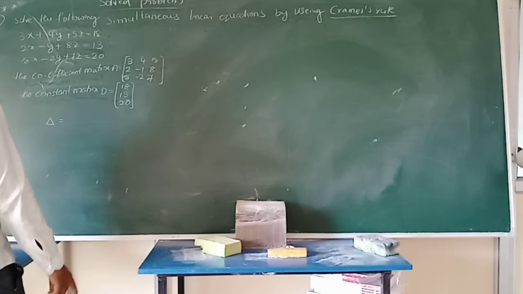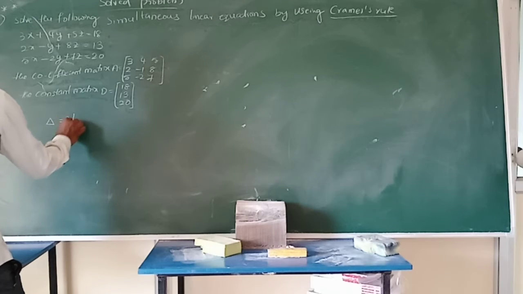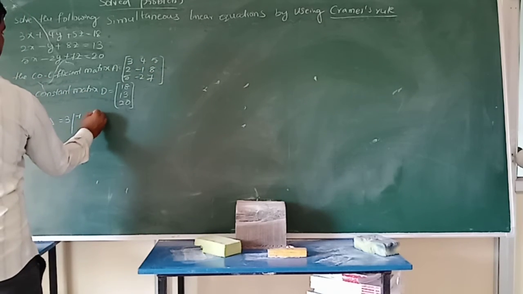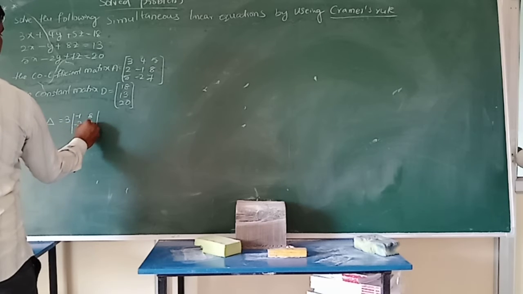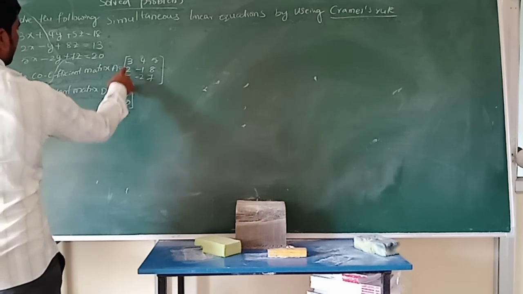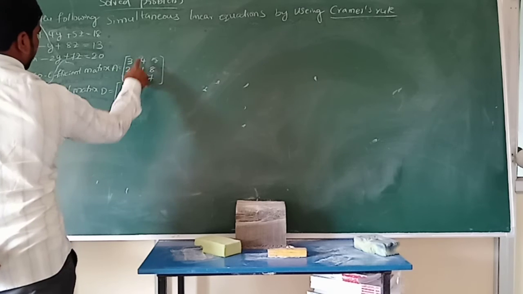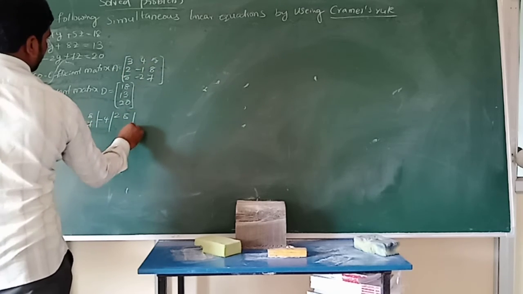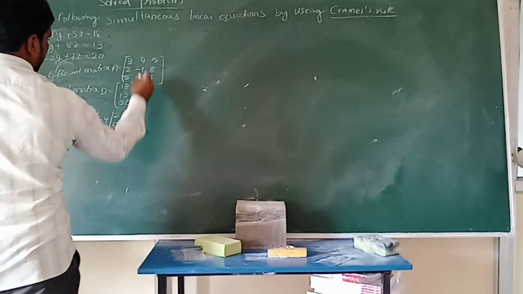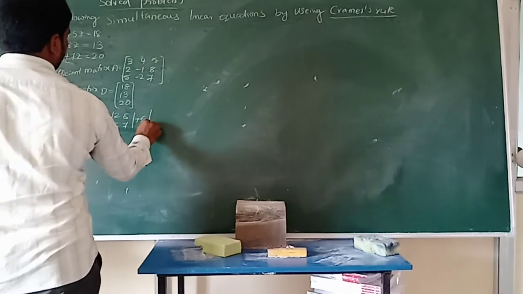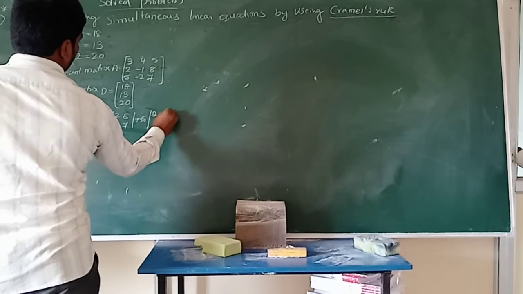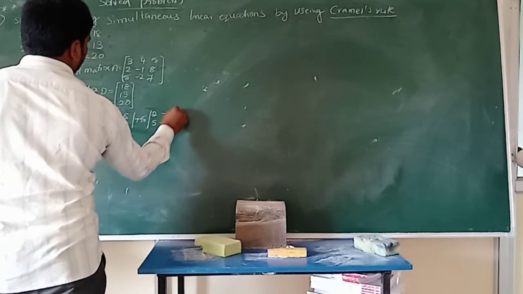Now delta is equal to the determinant of the coefficient matrix. That is 3 into the determinant eliminating this row and this column: minus 1, 8, minus 2, 7; minus 4 into the determinant eliminating this row and this column: 2, 8, 5, 7; plus 5 into the determinant eliminating this row and this column: 2, minus 1, 5, minus 2.